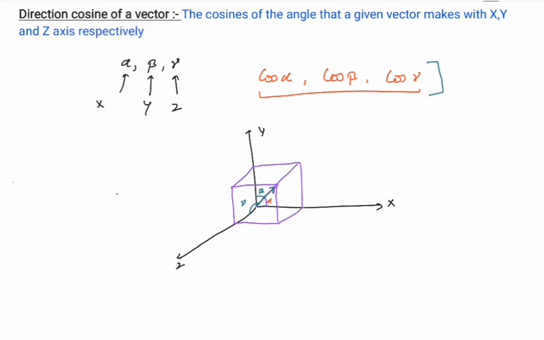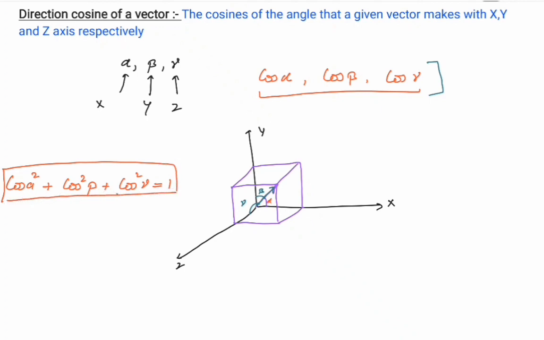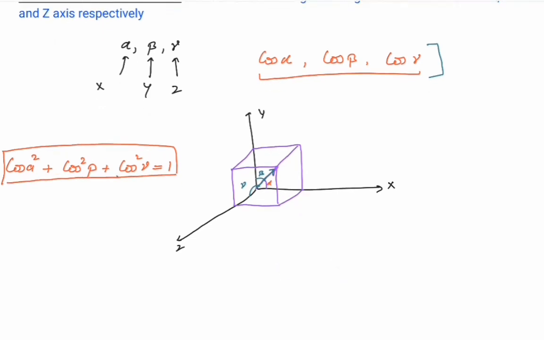And remember one identity: cos square alpha plus cos square beta plus cos square gamma is always equal to 1. This is a property of the direction cosines of the given vector.